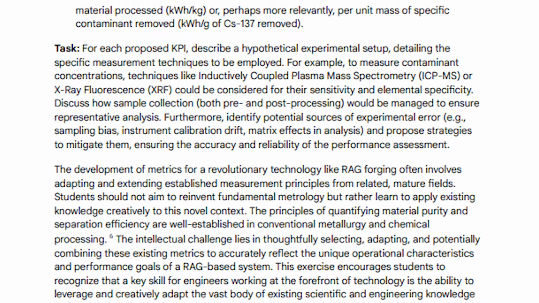The principles of quantifying material purity and separation efficiency are well established in conventional metallurgy and chemical processing. The intellectual challenge lies in thoughtfully selecting, adapting, and potentially combining these existing metrics to accurately reflect the unique operational characteristics and performance goals of a RAG-based system.